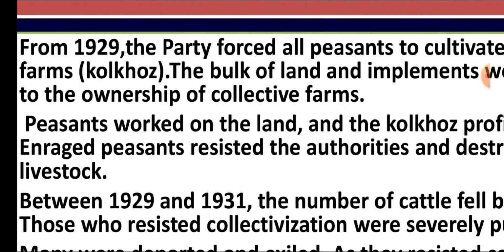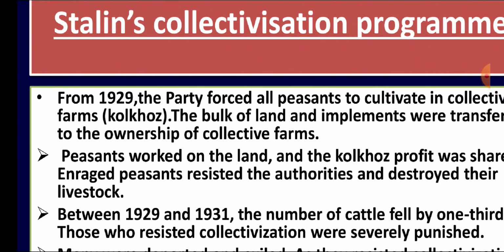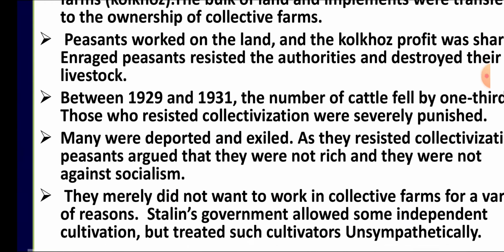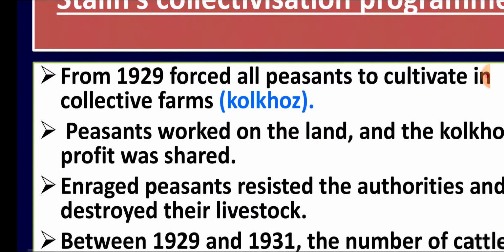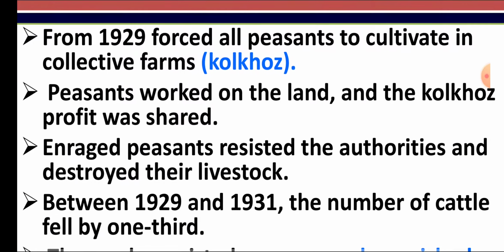Here you can see in this slide, kolkhoz. These collective farms were made for the farmers. The Stalin government tried to impose collectivization on the farmers.